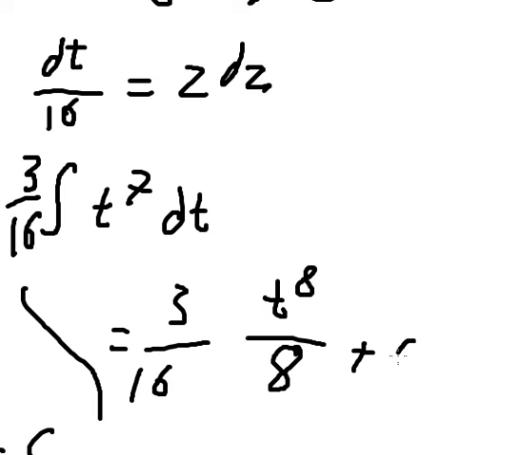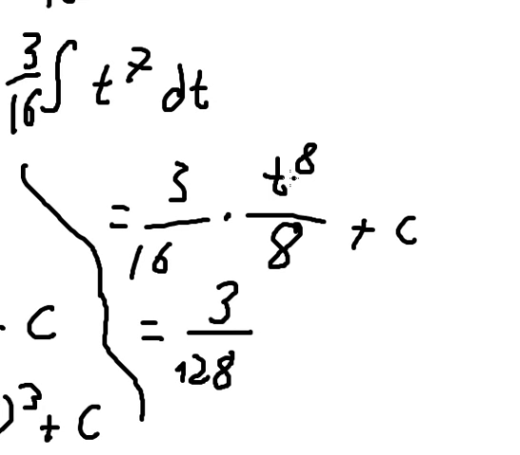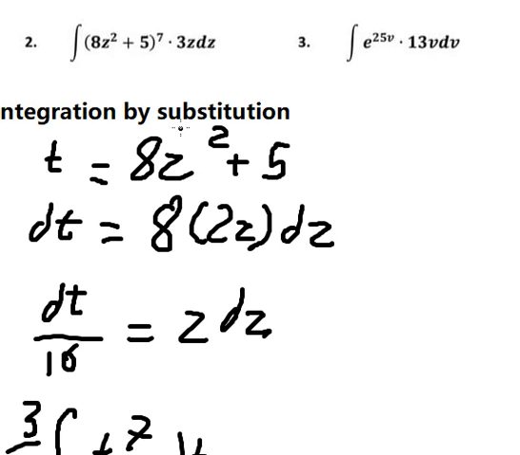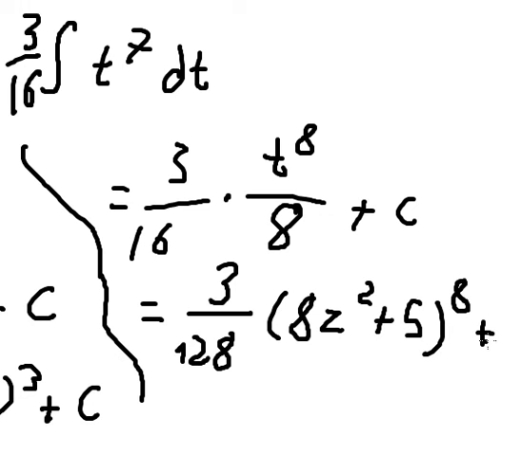And we put c in here. And then number 16 and number 8, we have 128. About t, that is this one in here. And this is the final answer.